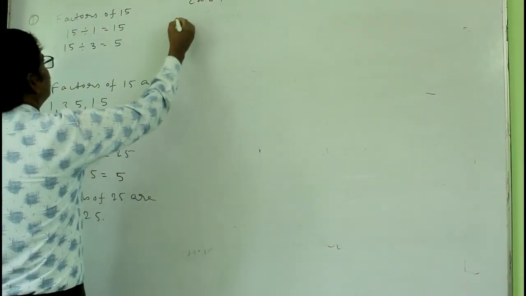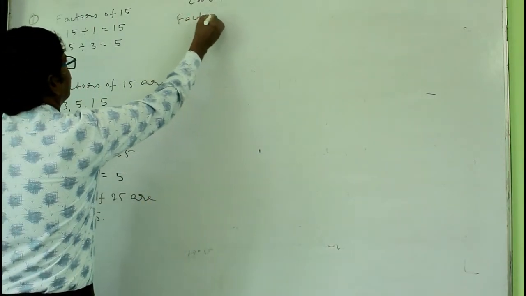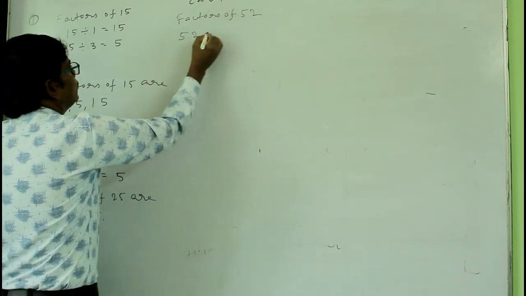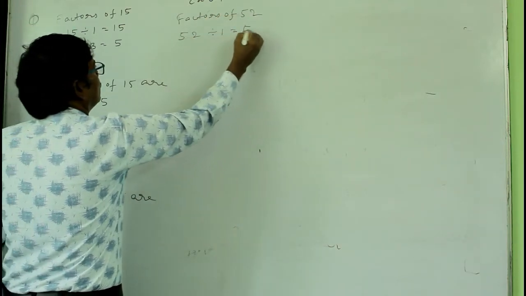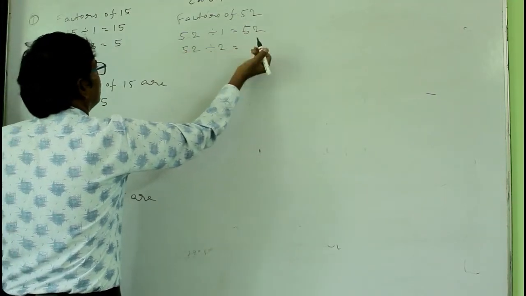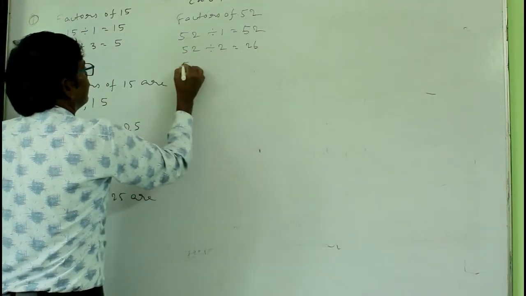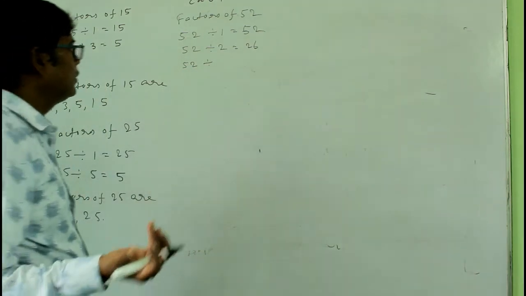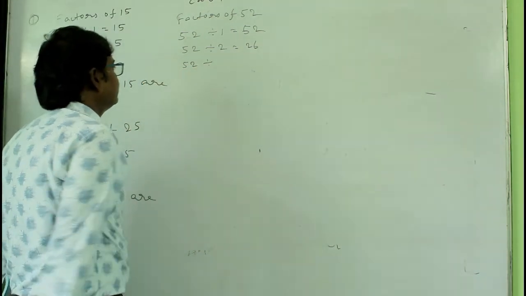For 52, you will write 52 divided by 1 equals 52. Will it go by 3 or not? It will not go by 3, it will go by 4.